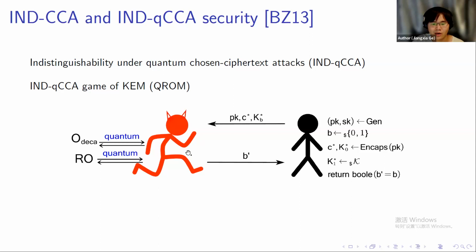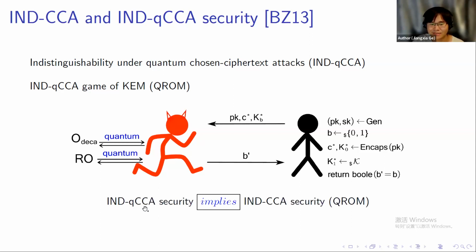So in the QROM, it is obvious that IND-qCCA security implies IND-CCA security, because a classical query to the decapsulation oracle can also be viewed as a quantum query, as long as we measure the query registers before and after the query.